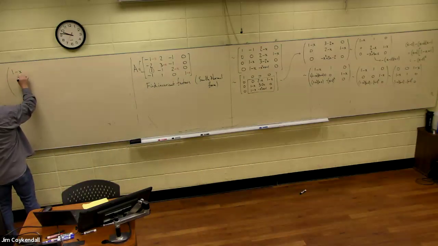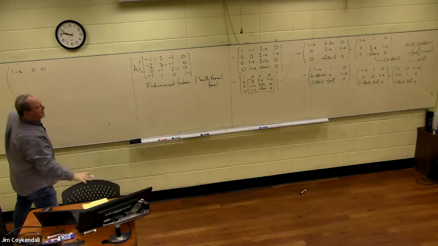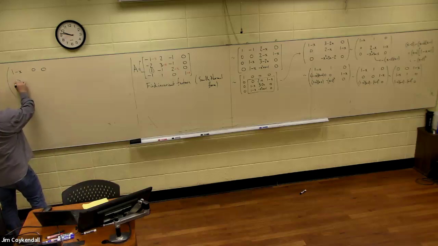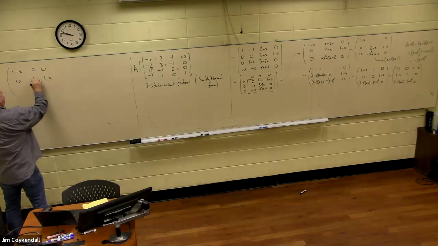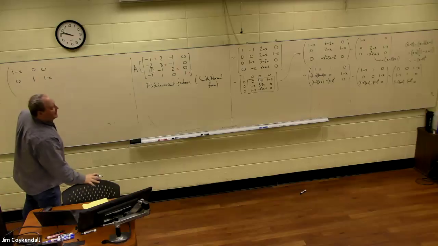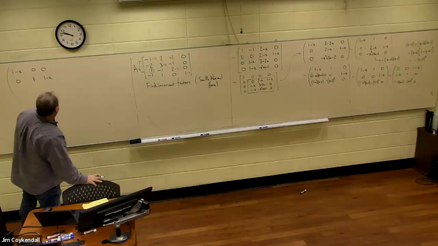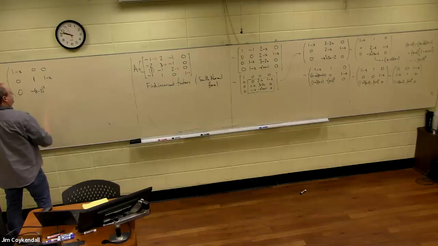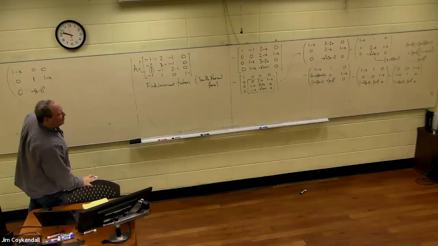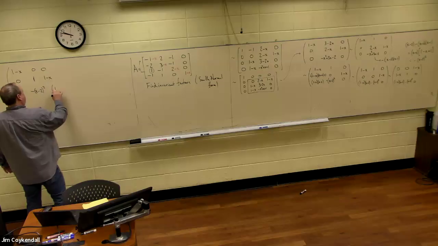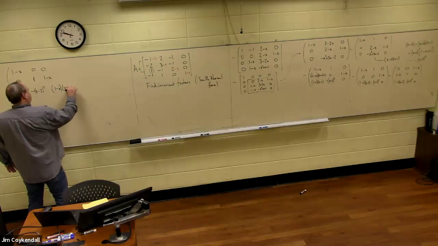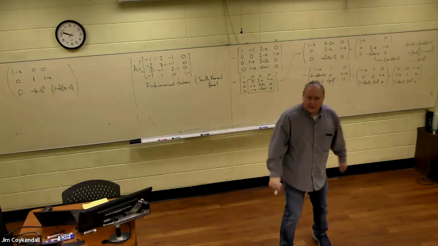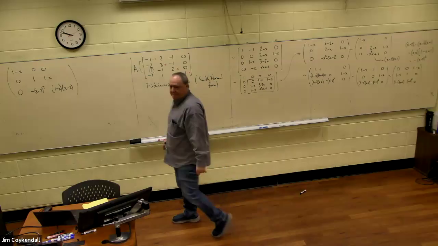And I get 1 minus x, 0, 1, 1 minus x. And finally, 0. And 1 minus x, x minus 2. Everybody okay so far?